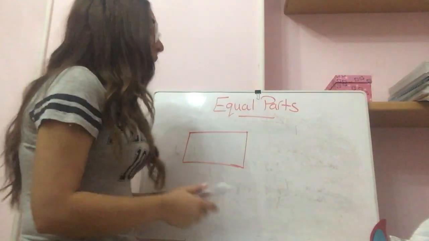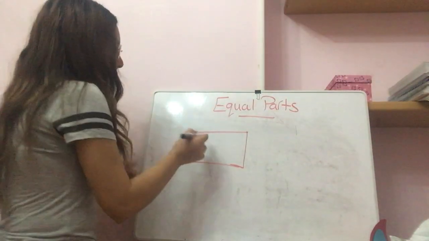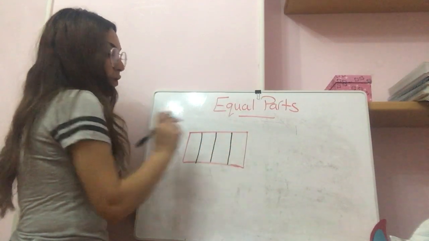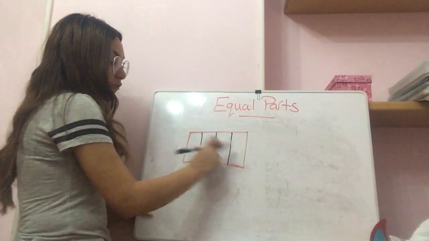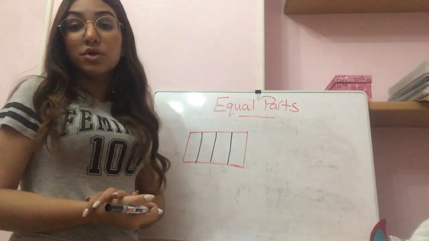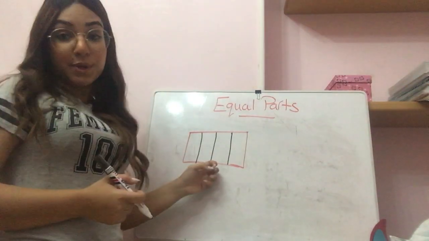Let me show you how you can cut. This is the first part, second, third, and fourth. So 1, 2, 3, and 4. So now I cut my rectangle into 4 equal parts. So that means that it's fourths.